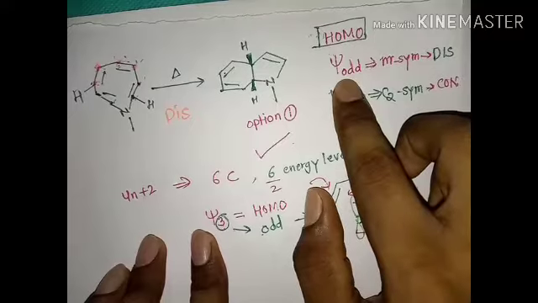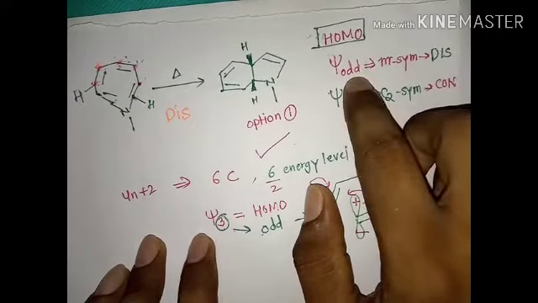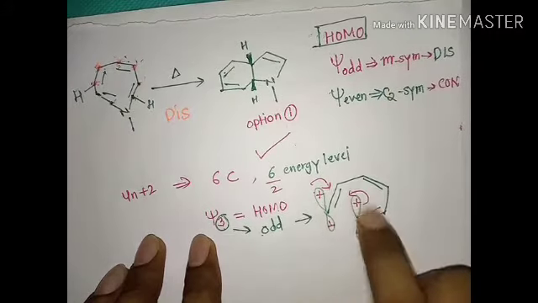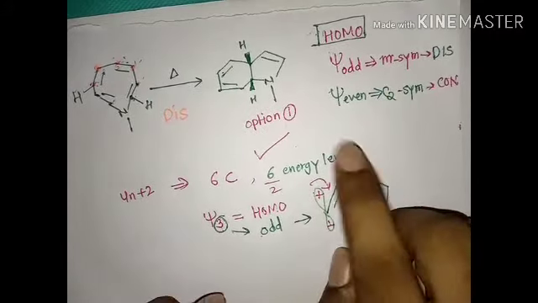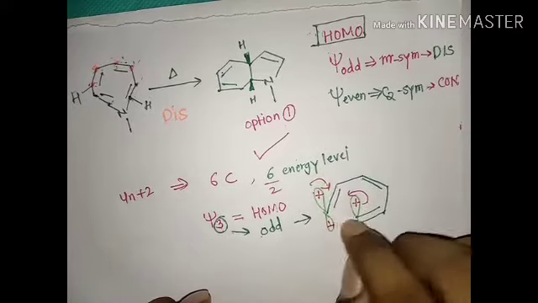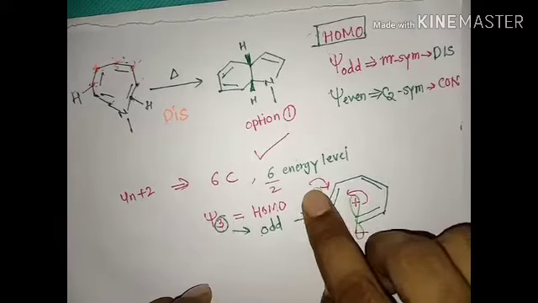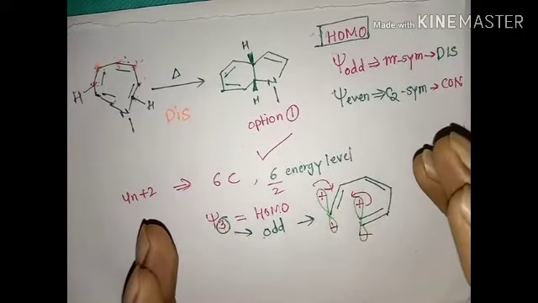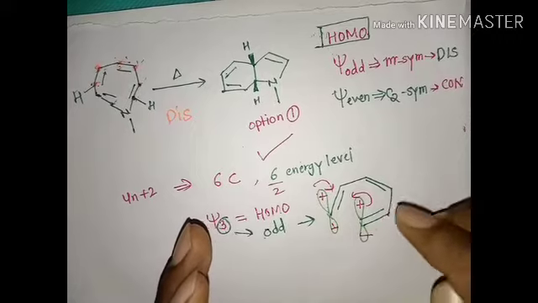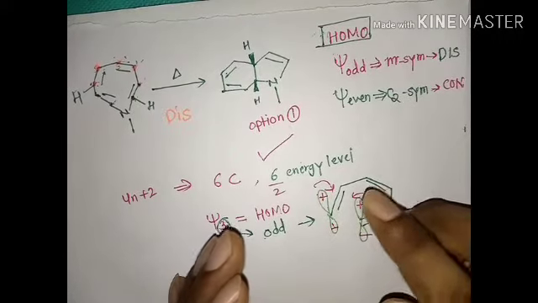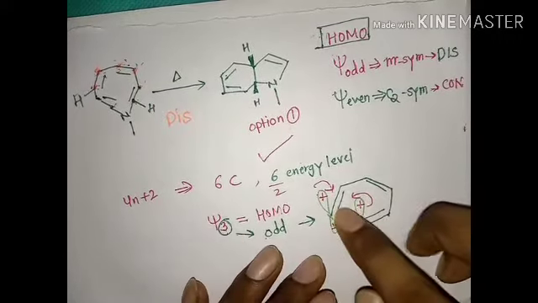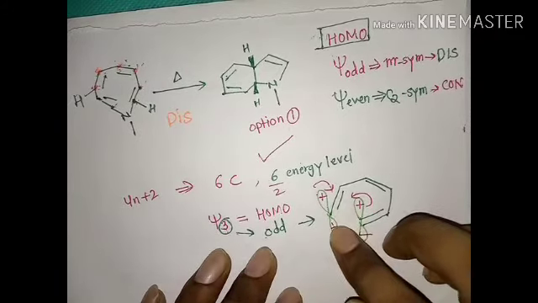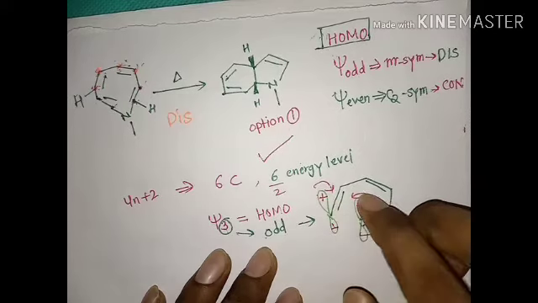Psi 3 is an odd number, so it will have mirror symmetry. Here the lobes are plus plus on one side and minus on the other, so they are mirror images. For a mirror image, how can you form the bond? You will form the bond with disrotation only, because that will be the perfect overlapping, so it will be the bonding orbital.